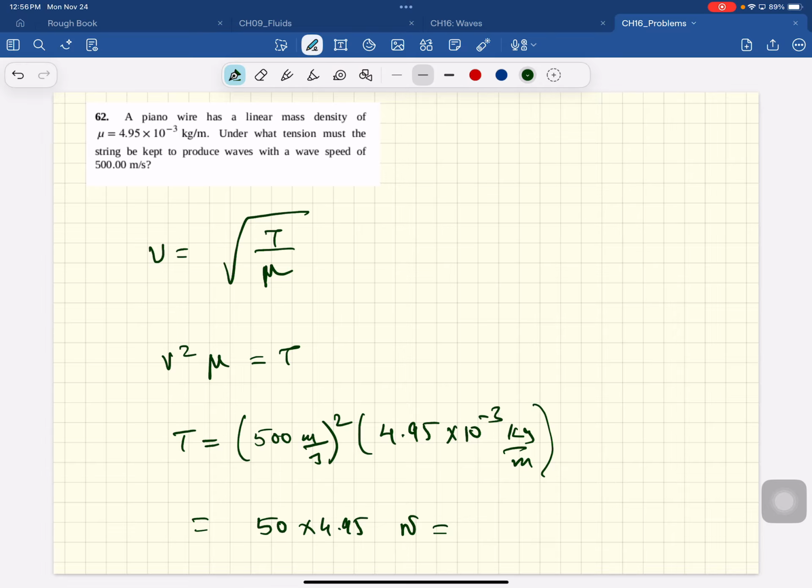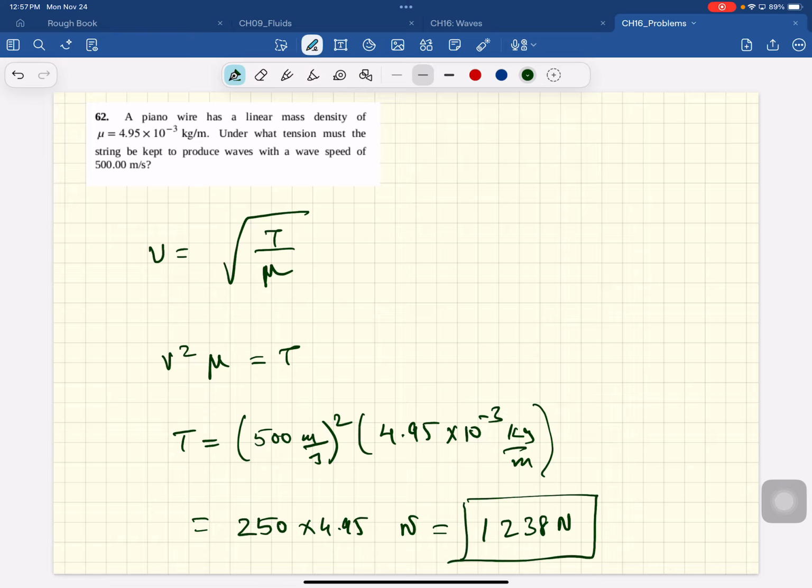Oh no, that's a 5 squared, so that'll be 250. So that's the tension on the string.